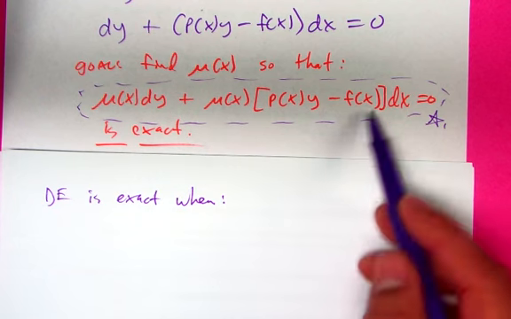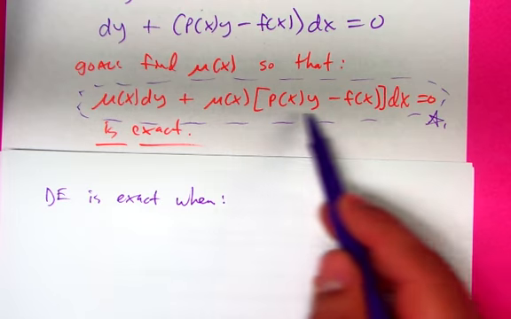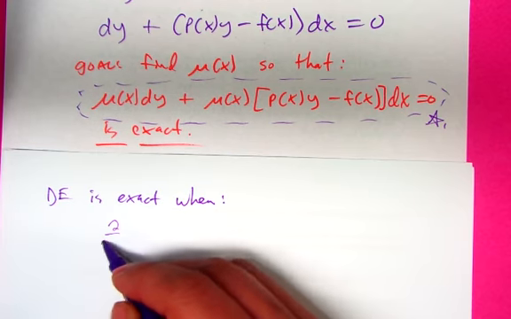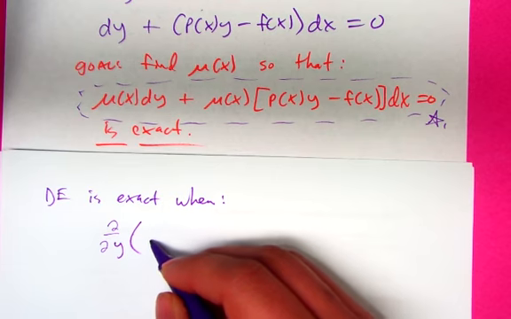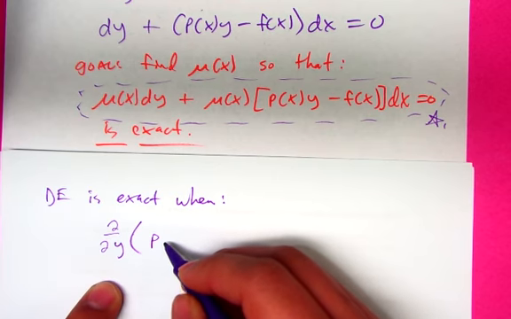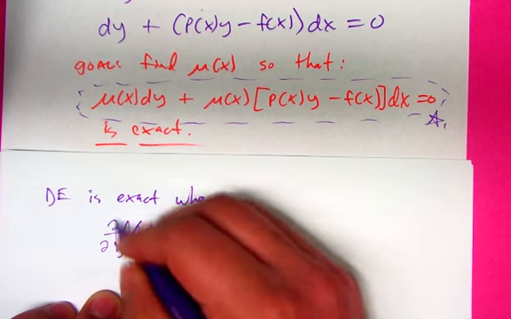Usually it's M dx, right? And N dy. So this is our M. So we want to write the partial, what, y, of this thing. So p of x, and you know what? I dropped my mu. Let me rewrite that.